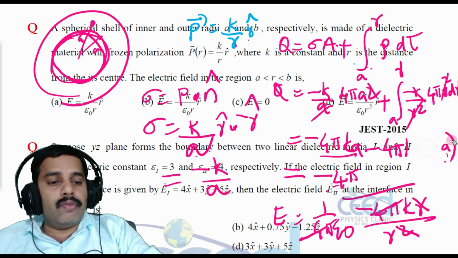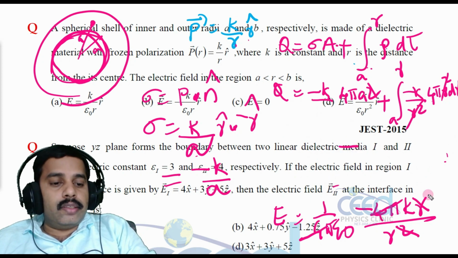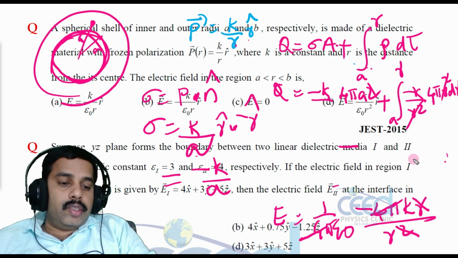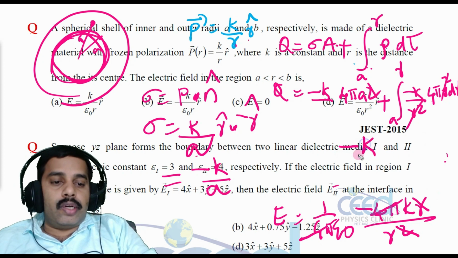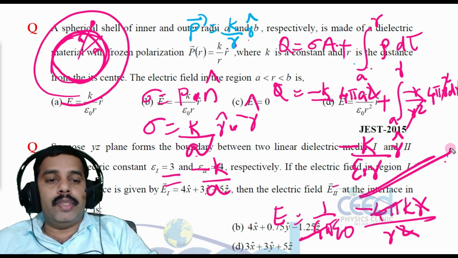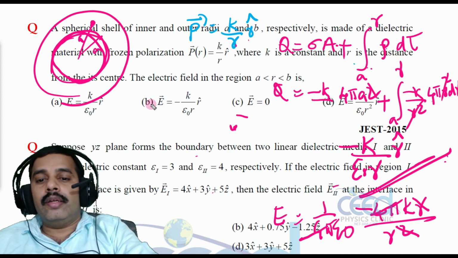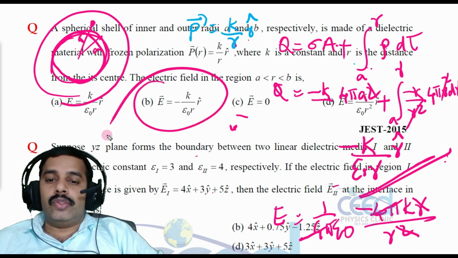The final result will be minus k by epsilon 0 r, and it is radially outward. So minus k by epsilon 0 r, r cap. So which one will be the option? Option will be B, right? So B is the option.